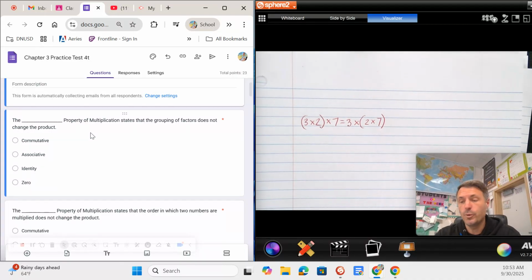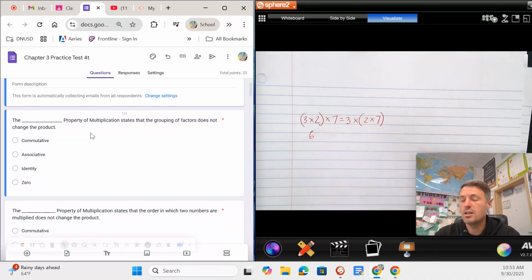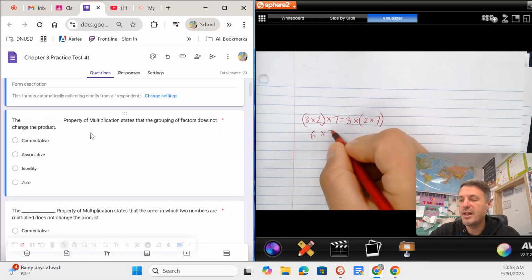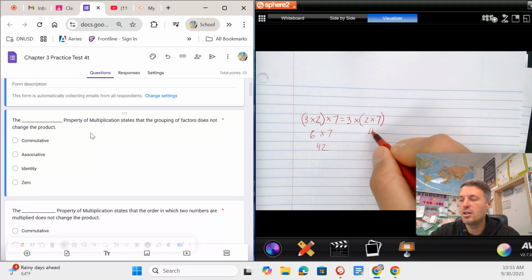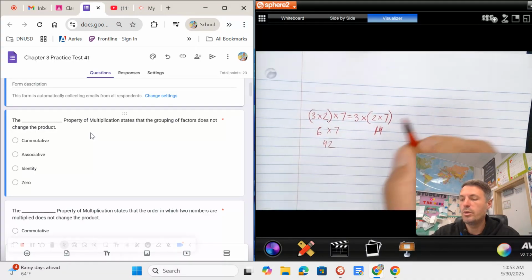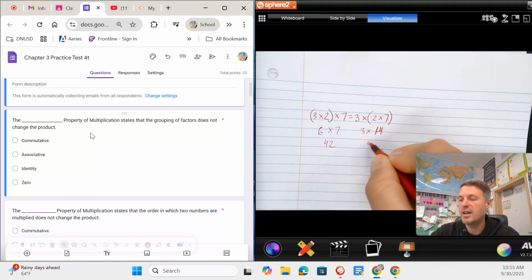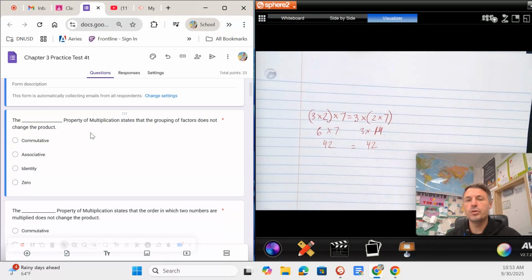Either way, this equals 42 because 3 times 2 is 6. Then we multiply that times 7. That equals 42. Here, 2 times 7 is 14. And we multiply that times 3, and that equals 42. So it equals 42 on each side of the equal sign, no matter which way you put the numbers in parentheses.